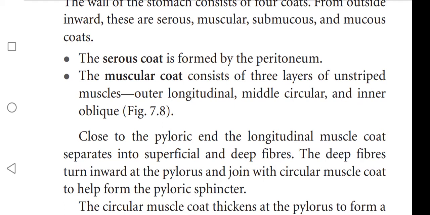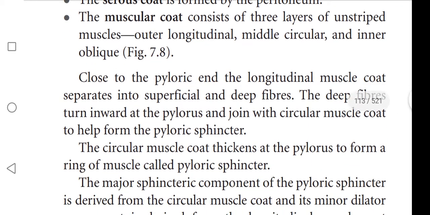The muscular layer consists of 3 layers of unstriped muscles: outer longitudinal, middle circular and inner oblique. Close to the pyloric end, the longitudinal muscle coat separates into superficial and deep fibers.